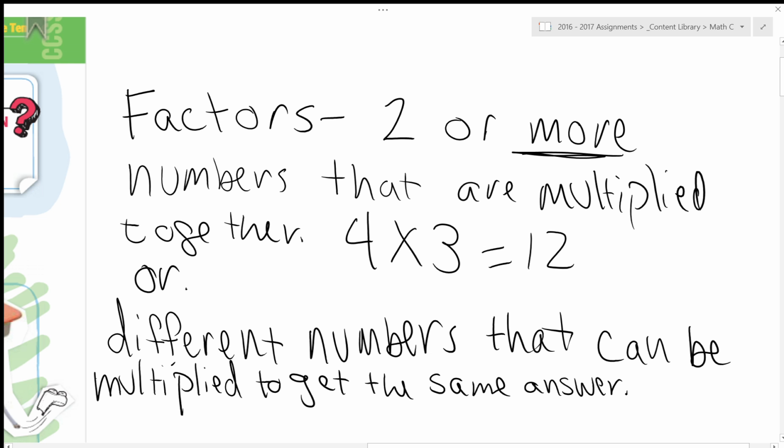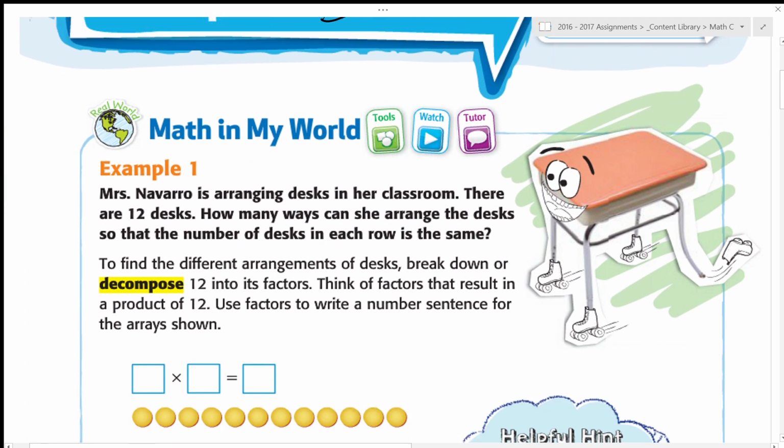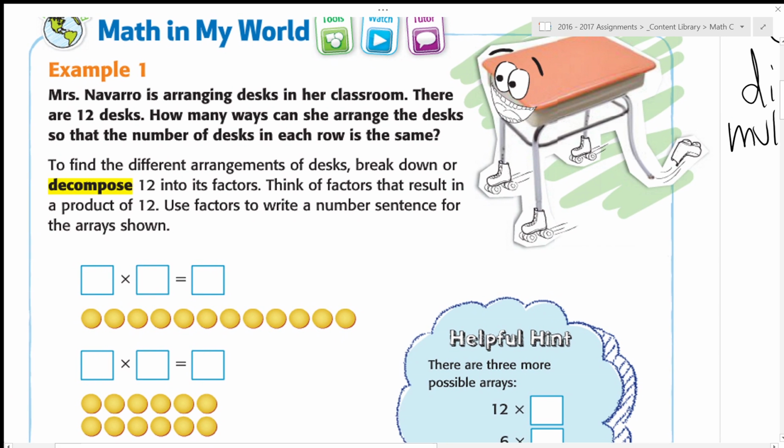Now another way to look at it is numbers that can be multiplied together to get the same answer, and that's how we're using it today. So for example, 12 has the factors of 4 and 3, but it also has the factors of 6 and 2, because if I multiply 6 and 2 together, I get 12. Now we're going to start with that, and then we'll look at multiples in a few minutes.